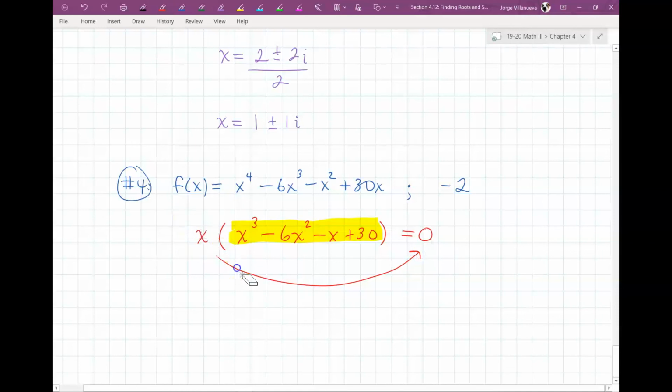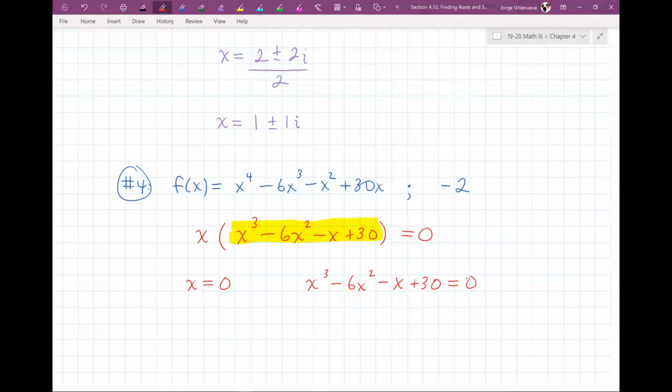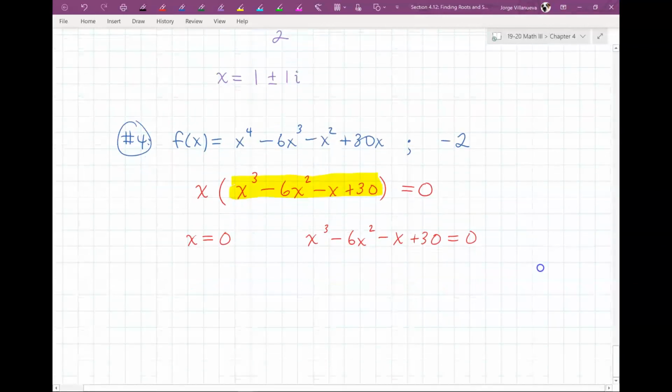I can write x equals 0 or x cubed minus 6x squared minus x plus 30 equals 0. That's something from Algebra 1. It's called the zero product property. That means when you have two things multiplied and they're equal to 0, you can set each one of them equal to 0. So that's what I just did.